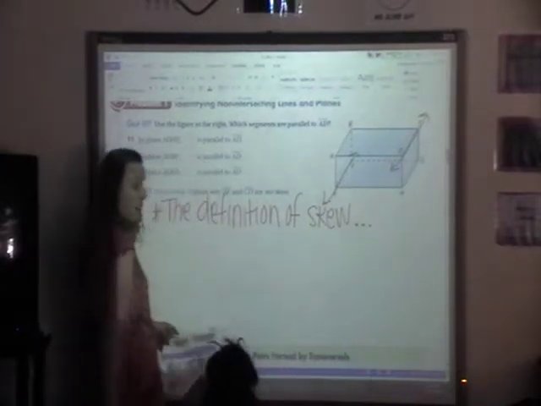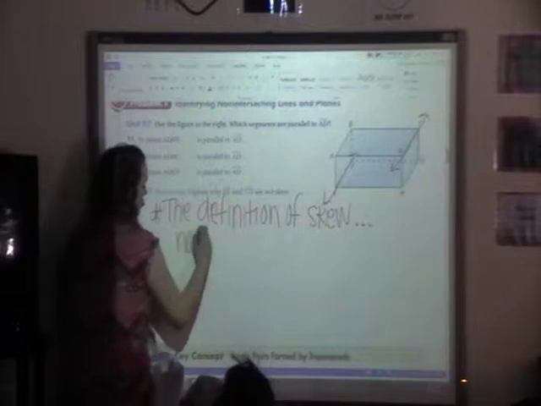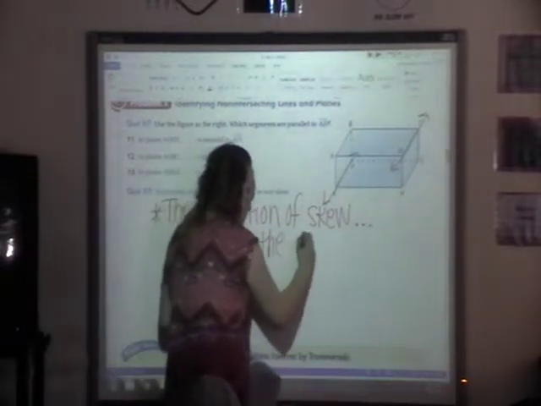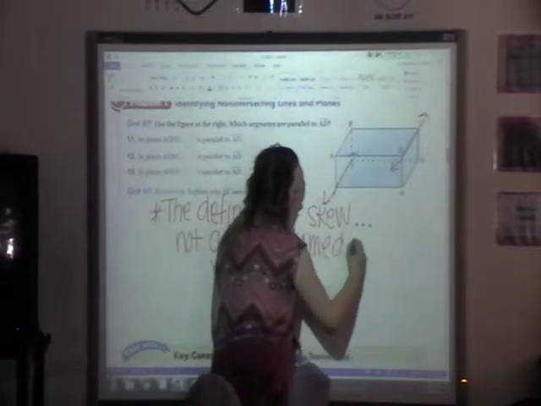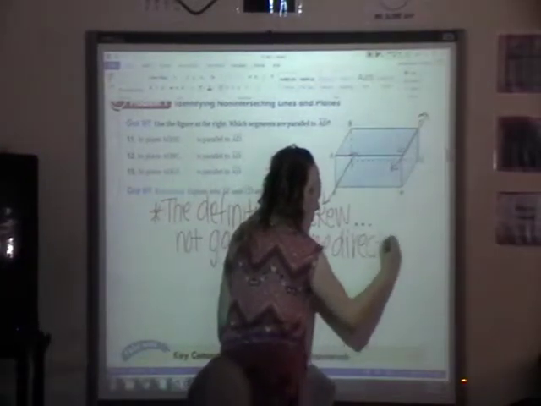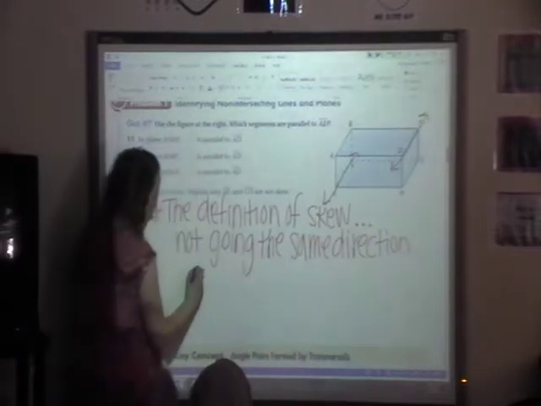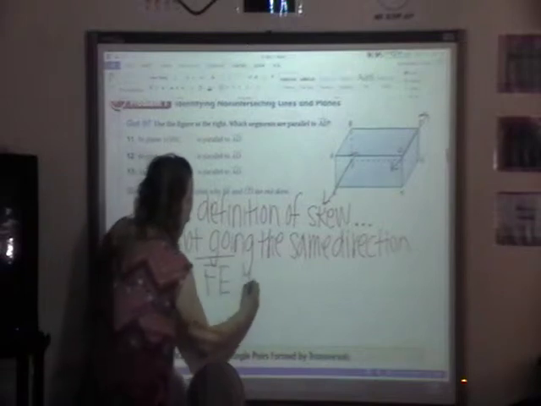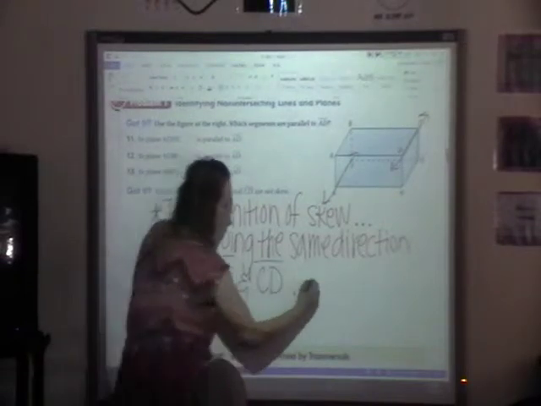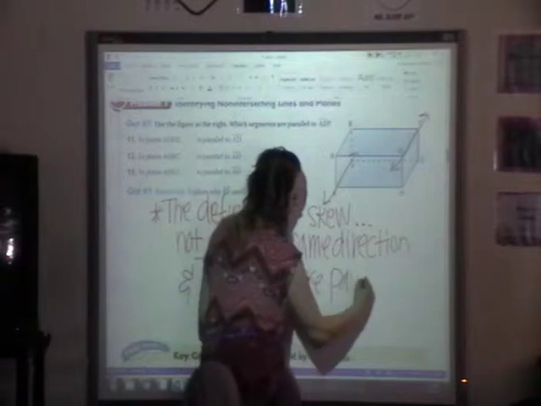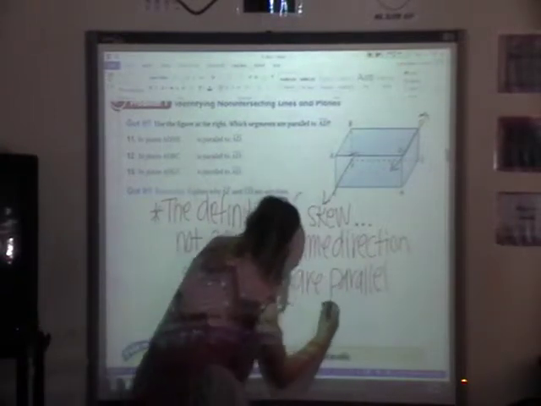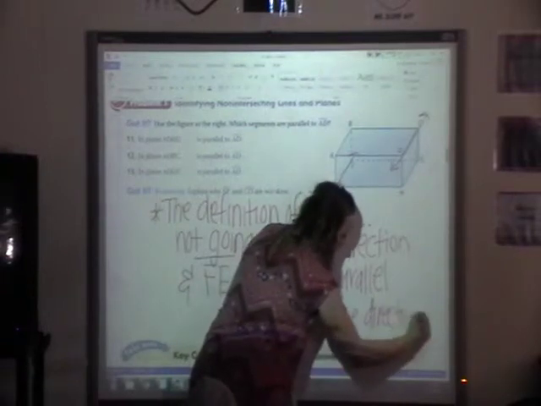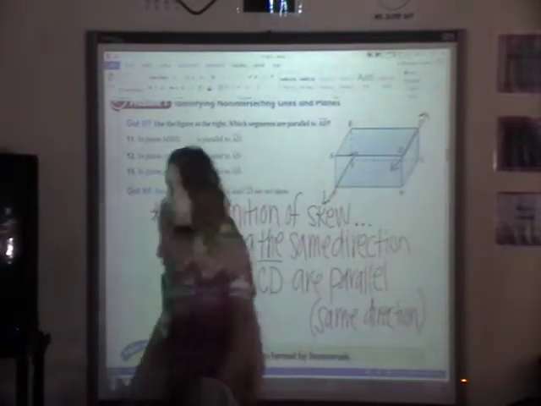I'm just telling you, the definition of skew: not going the same direction. And FE and CD are parallel. Same direction. So I give you a wordy explanation on why this is true.